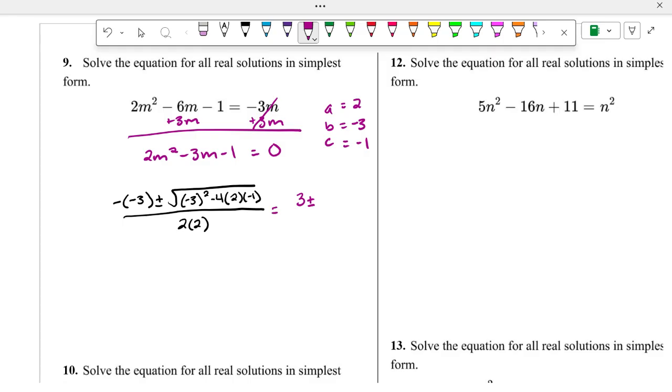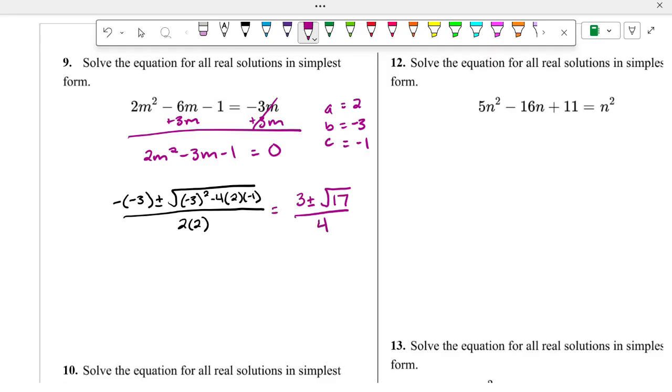Under the radical. I think it's 17. Yeah, it's 17. All right. And then, like Dylan said, we would have the 4 on the bottom.